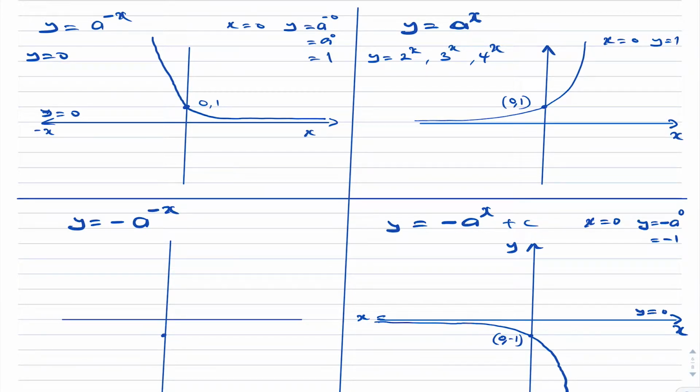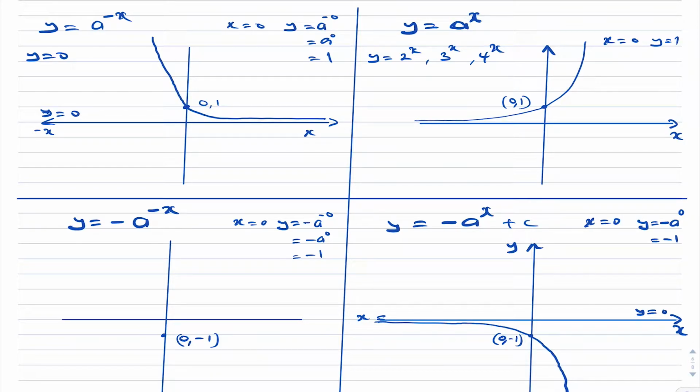So you're going to get 0 and minus 1. And the curve will be, let's say when x equals 0, y is going to be minus a to the power minus 0, which is minus a to the power of 0, and that will be minus 1.